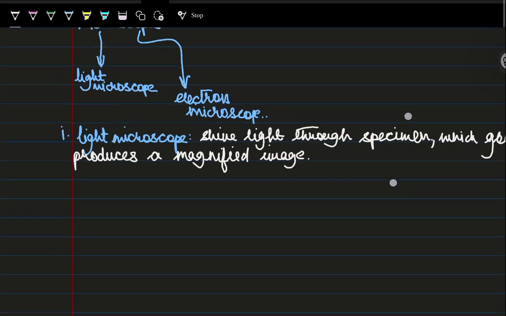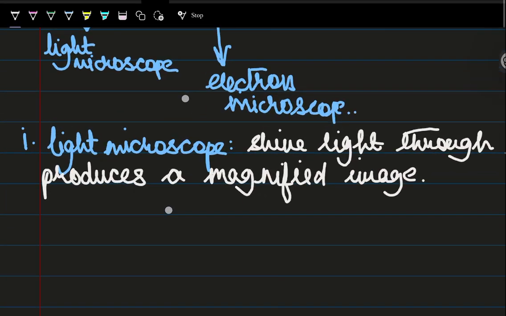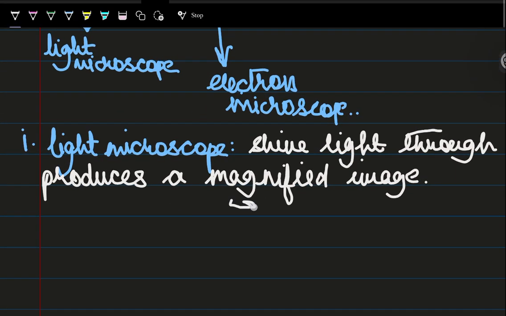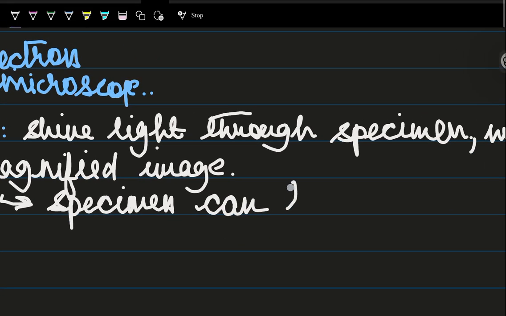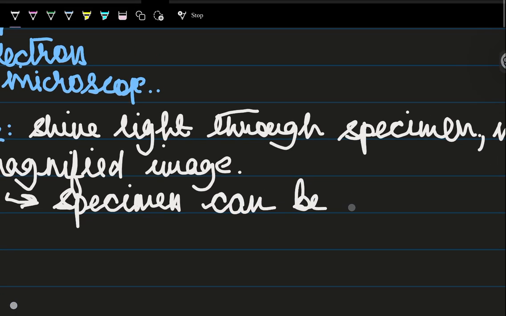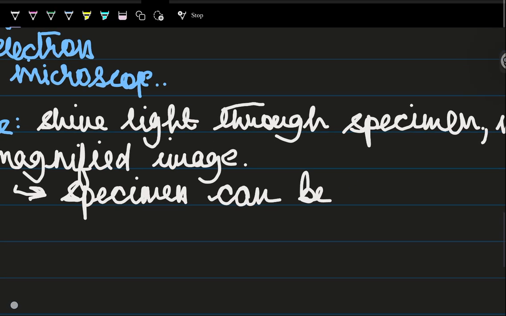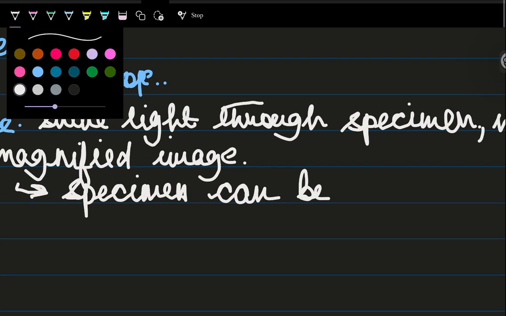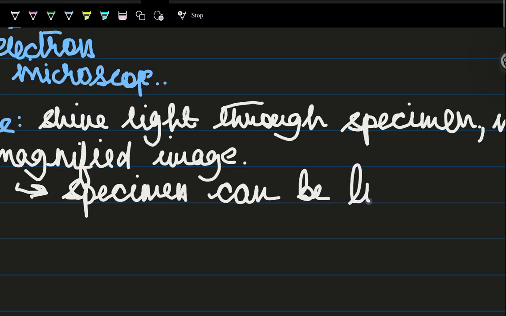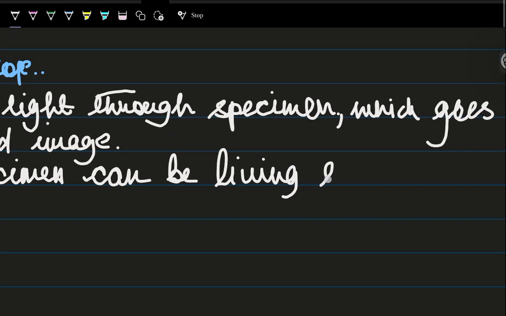So the specimens which you can observe under the light microscope can be living or dead.